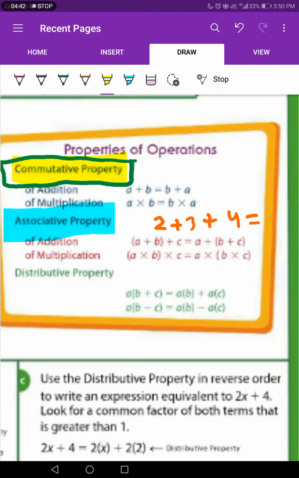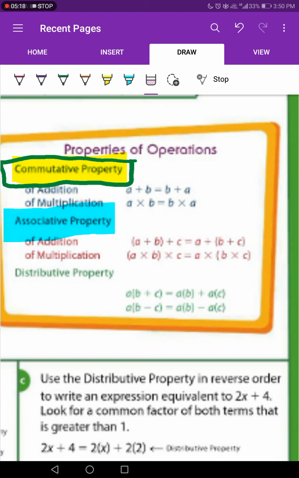For example, if I start from here, 2 plus 3 equals 5, yes? Plus 4 equals 9. Sorry, I confused you.